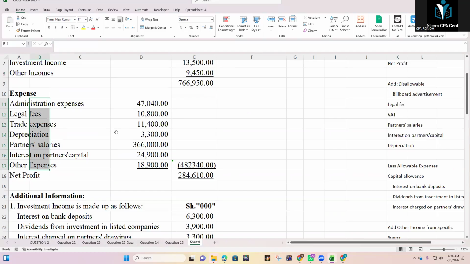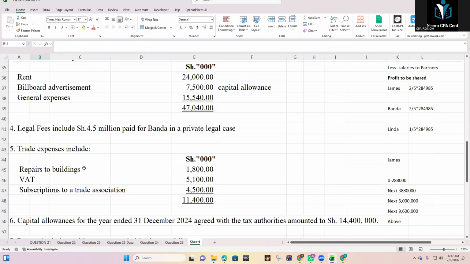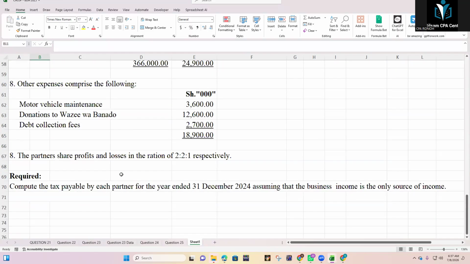If they have not agreed, then you will charge the specific rate. So we'll do the question for capital allowance again. We don't know, maybe this time round they might change their approach. Instead of bringing for business and the individual, they might change to calculate for the capital allowance.